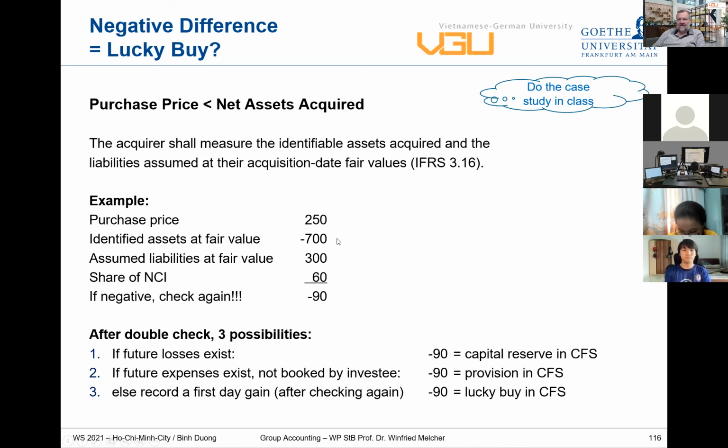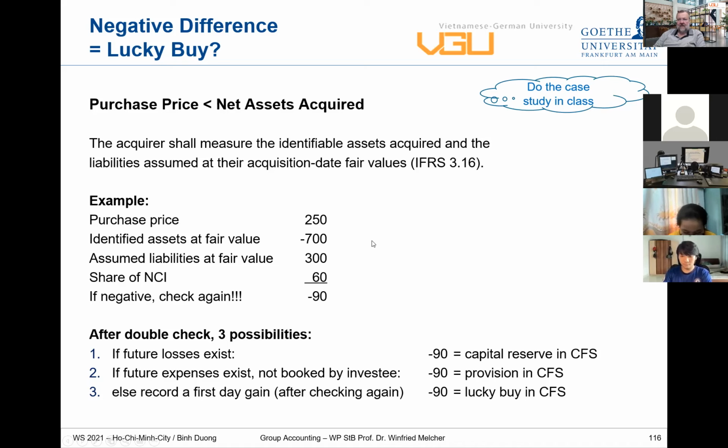We have identified assets at fair value. So that is 700. We have liabilities of the subsidiary, which is 300. That's an assumed liability at fair value. And the share of the NCIs, so when you value the net assets at fair value with the share of the non-controlling interest, that is 60 in this case.